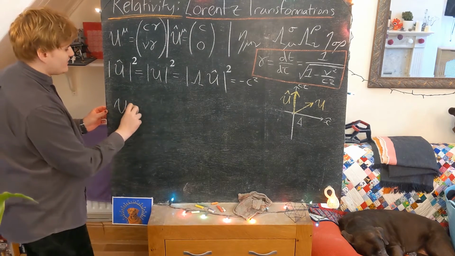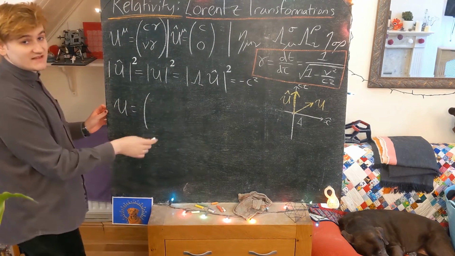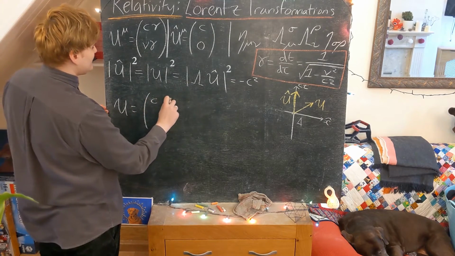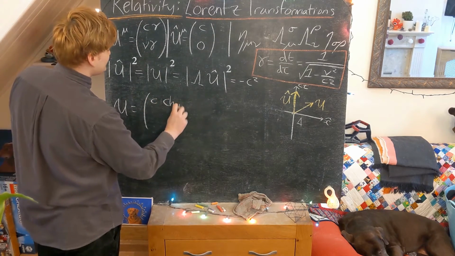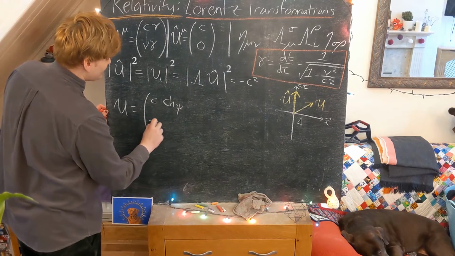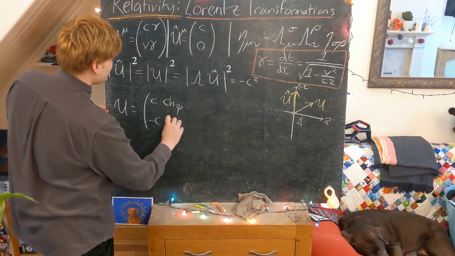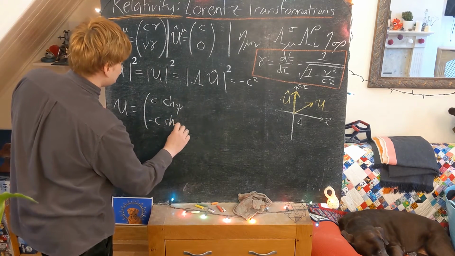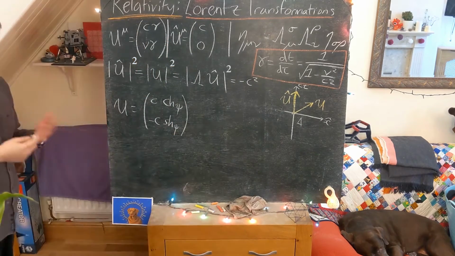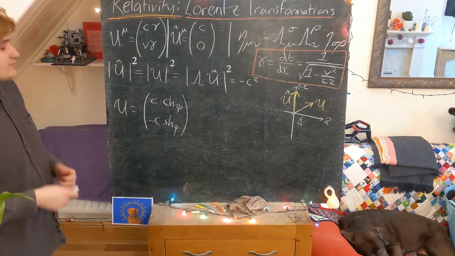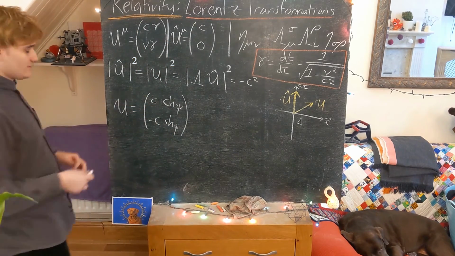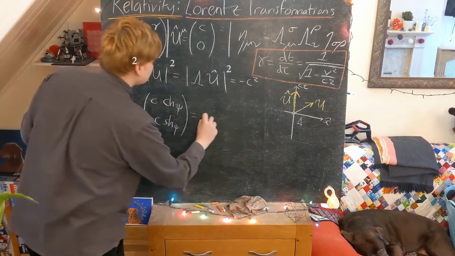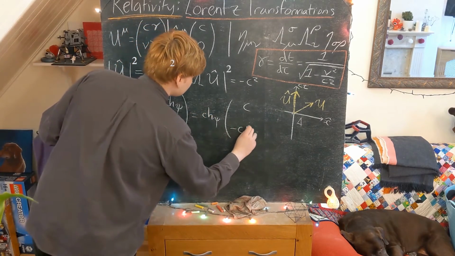If you remember, the boosted velocity was given by c cosh psi, and then a minus c sinh psi. And now, if I pull out a factor of cosh, effectively it's going to do this.